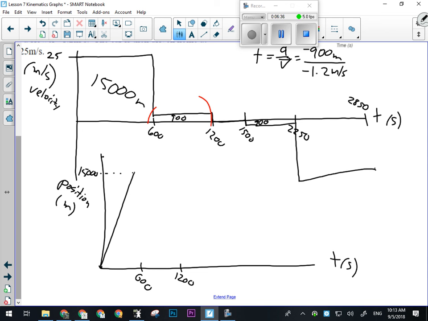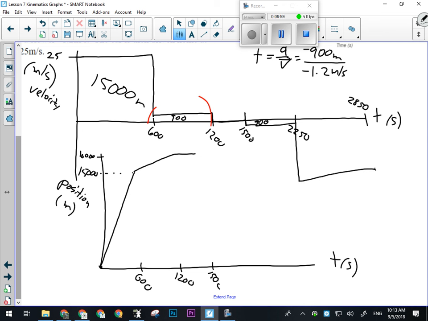So I'm going to write 16,000 up here and then be a little bit shy of that. I know it's not really to scale. Then I get there, and now I'm at the gas station for 300 seconds. During that time, I don't move, so I have a horizontal line.